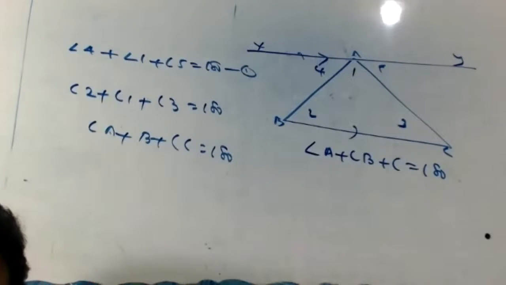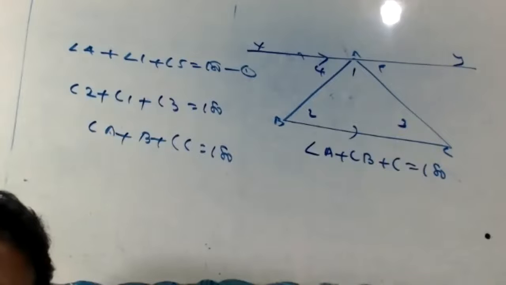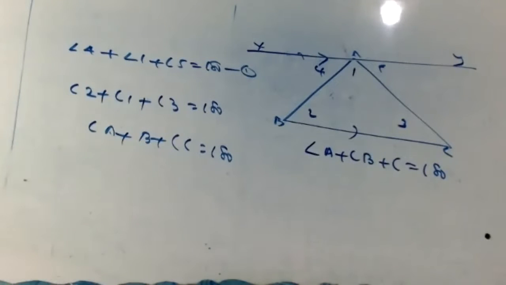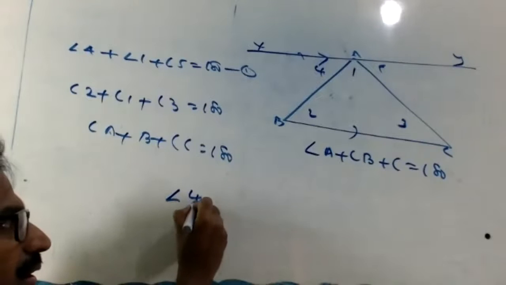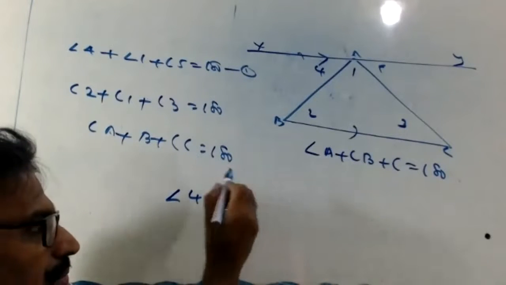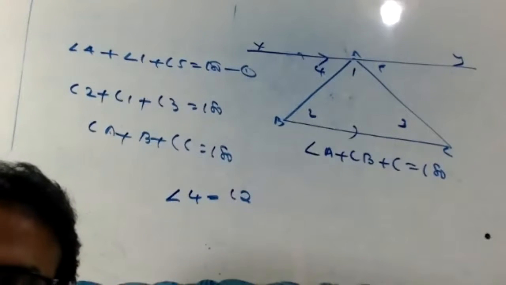Okay, 2 and 3. They still didn't finish with that. Look, we got angle 4 equal to angle 2. What is the reason? Diya, tell me.